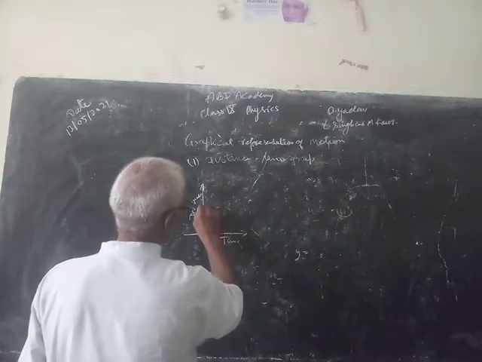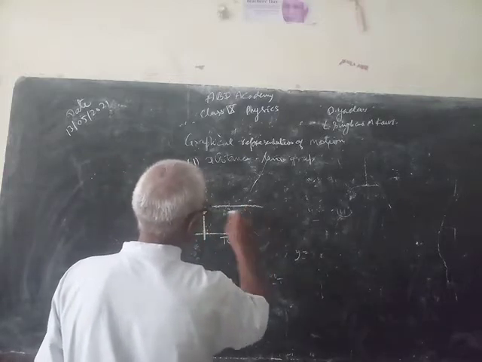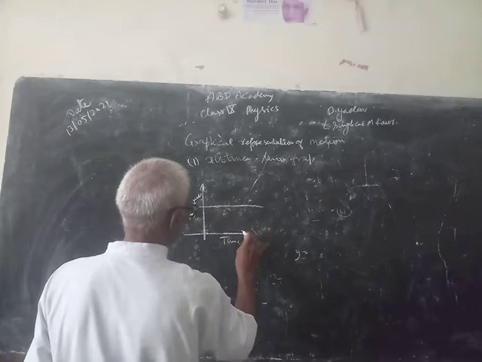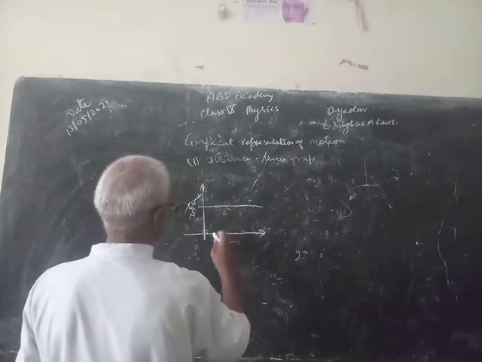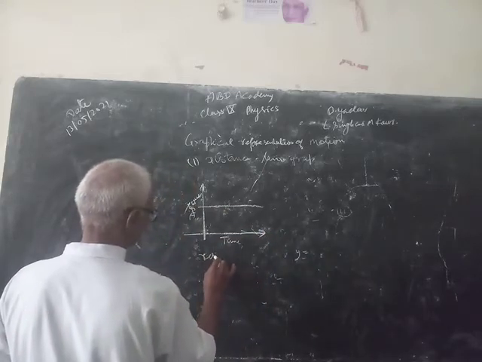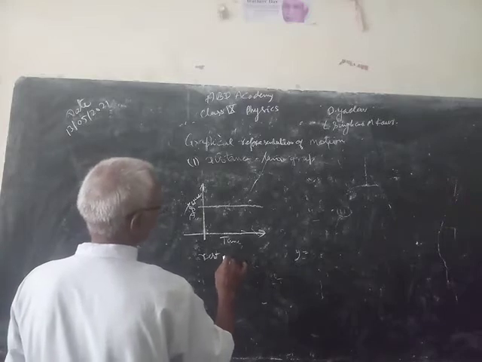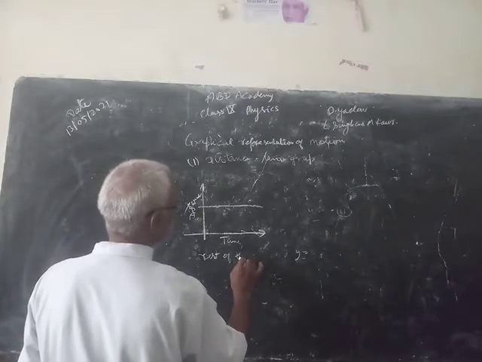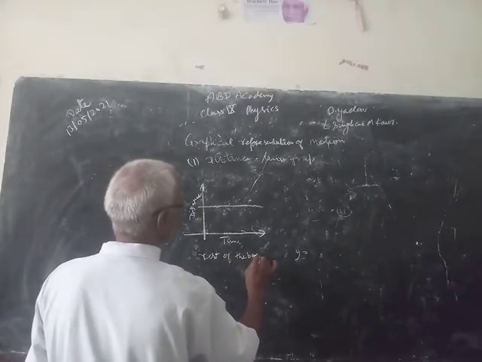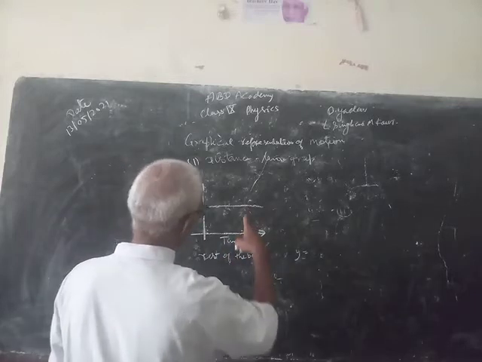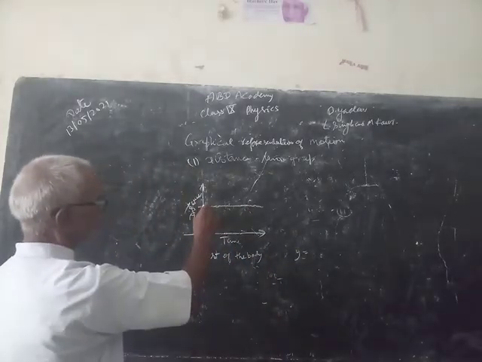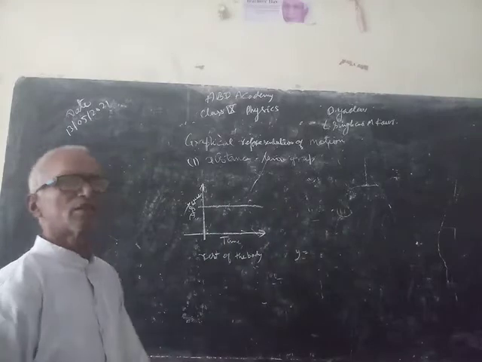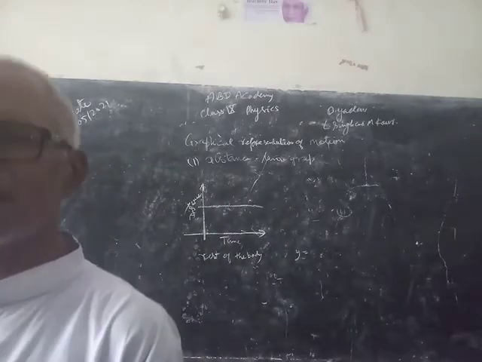And if the body is at rest, the graph is parallel to the x-axis. It shows rest of the body. It means time is going on changing, but the position of the body on the y-axis is the same.